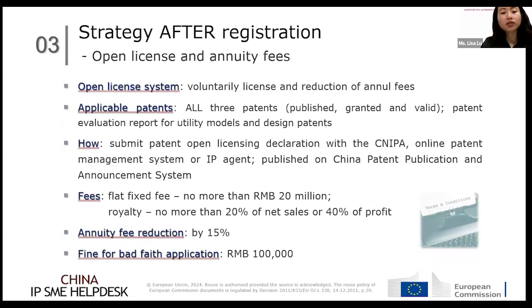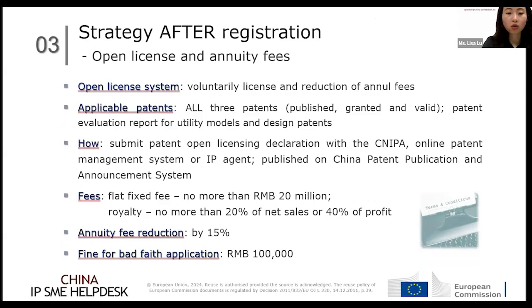And also, an open license system became available in China a couple of years ago. What does open license mean? That means as patent owner, you can voluntarily license to any entity, any individual in China, and in exchange, you can ask the CNIPA to reduce the annual fees of your patent.